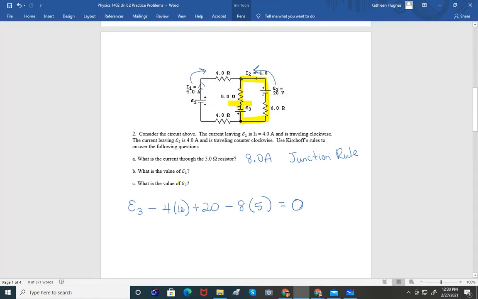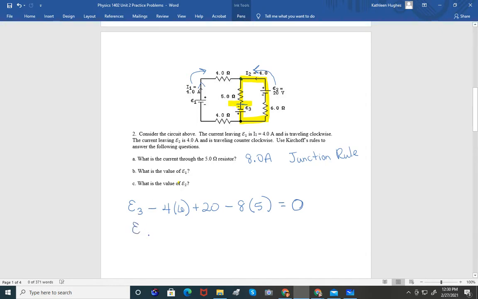I started right here. I went up E3, down 6 times 4 amps. I went up 20, and then I went down 5 times 8 amps.